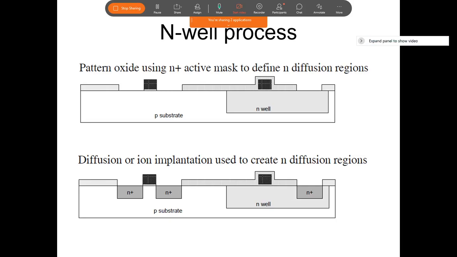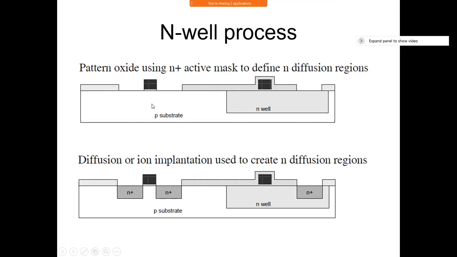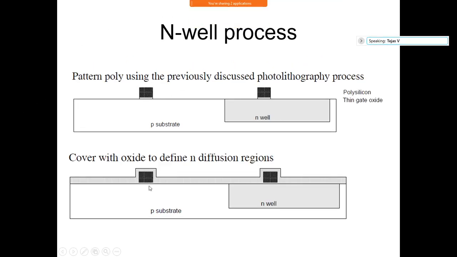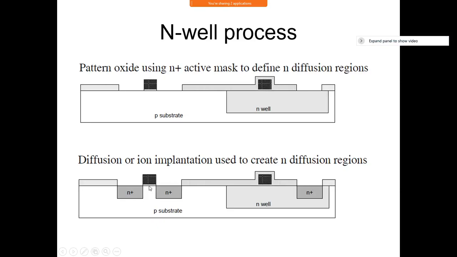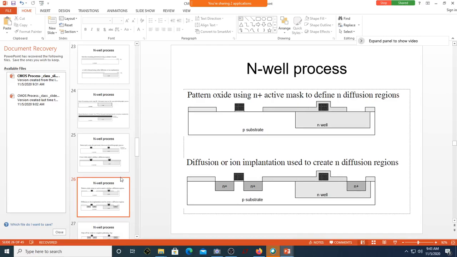Okay, what is that N plus diffusion there in your N well? Let me come to that. Correct? Is this fine? From this to this, are you actually defining? Maybe let me just put it in one more slide.